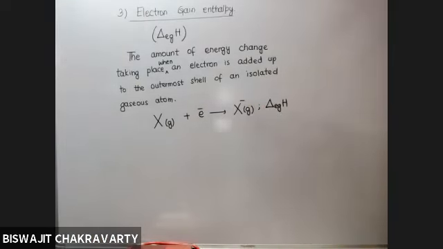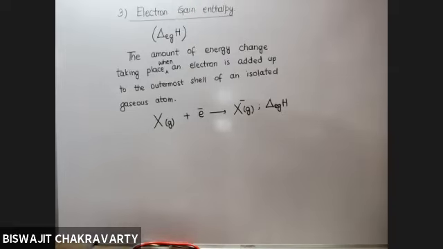So, electron gain enthalpy, let me tell you, is not energy. It is energy change. There is a difference between energy and energy change. When we use the term energy, it is a single quantity. But when we talk about energy change, it is the difference of energy that is taking place.